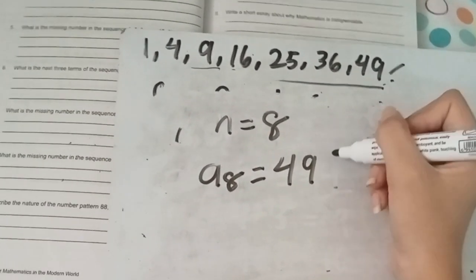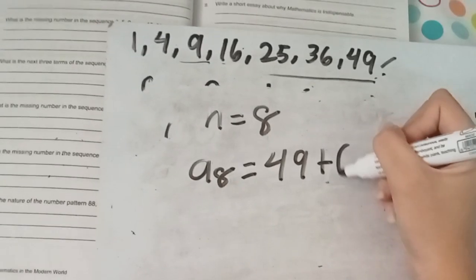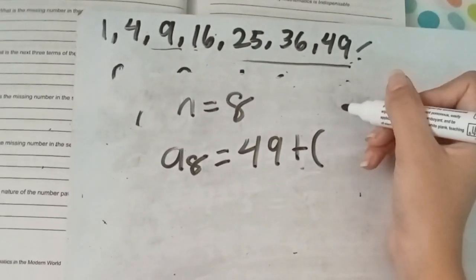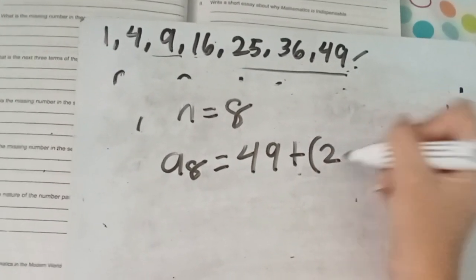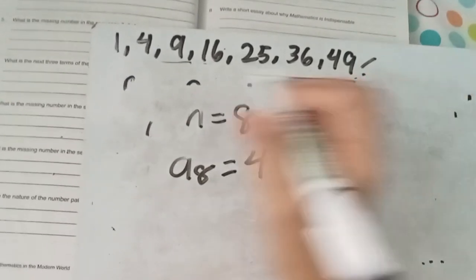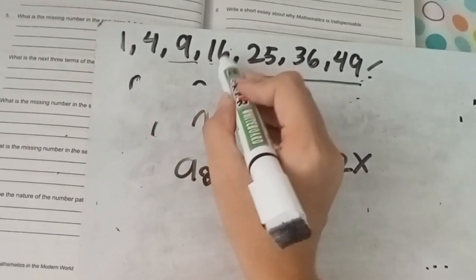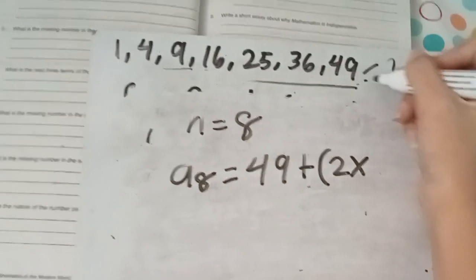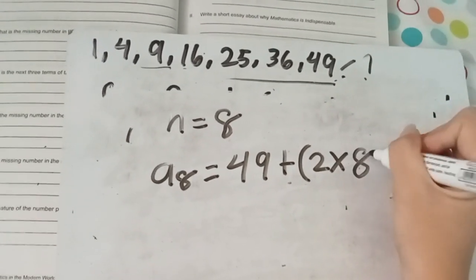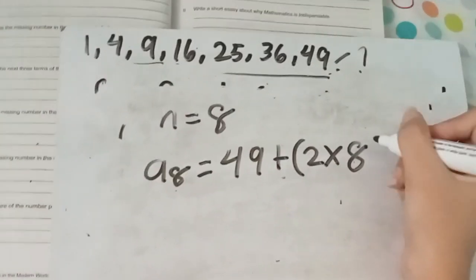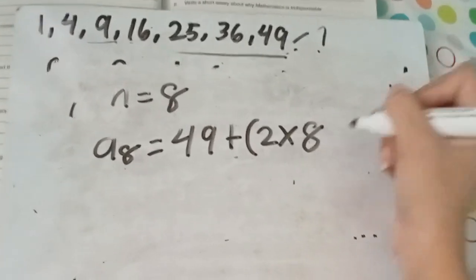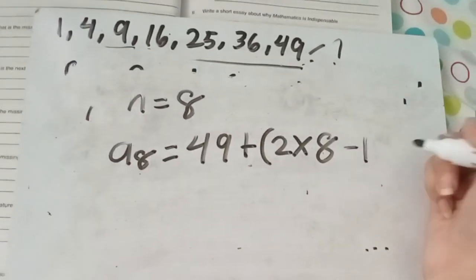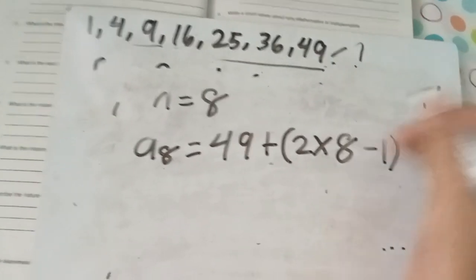Now we put 9, which is the 7th term or the current term, plus, open parenthesis, 2. 2 is a fixed number in the arithmetic formula. Now we multiply it by the term that we are looking for, which is the 8th term, then minus 1, then close parenthesis.